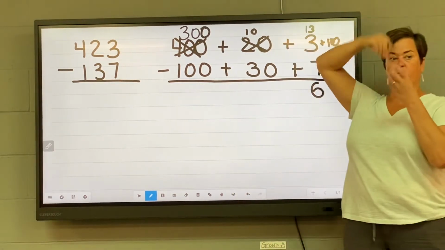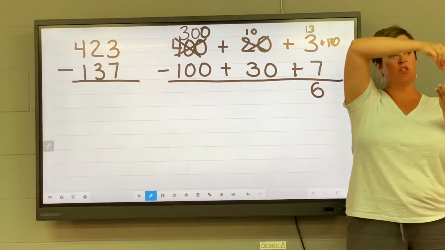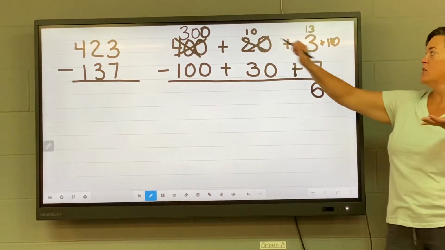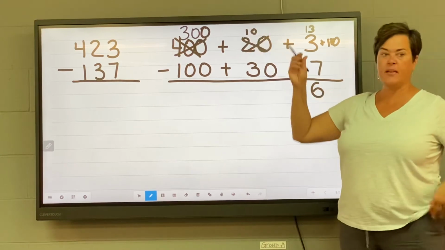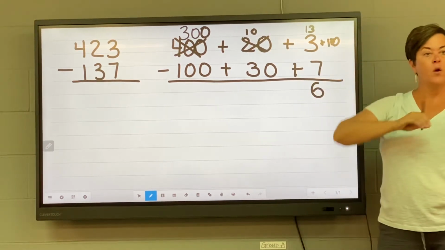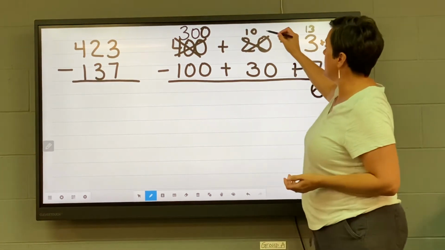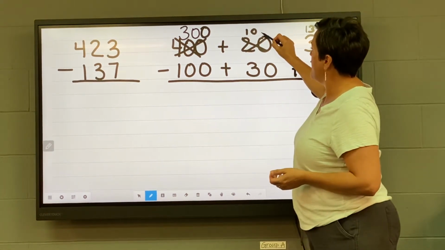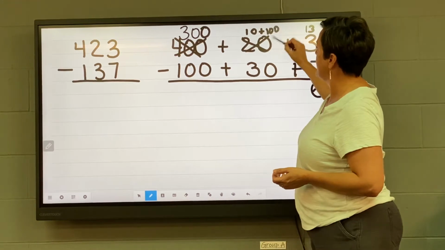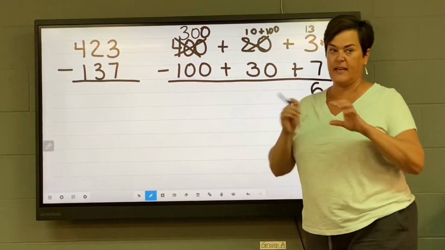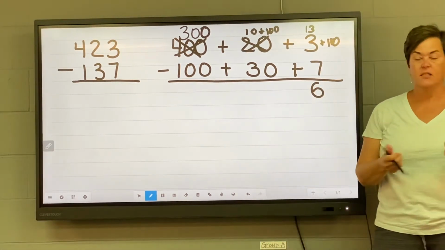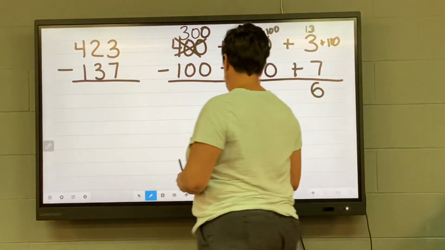So that 100 that I took out has to go in with my 10s. How many hundreds am I taking out? 100, which is 10 10s, right? So if I'm saying I'm adding 100 to that, right? Except it's broken apart, but it's still 100.